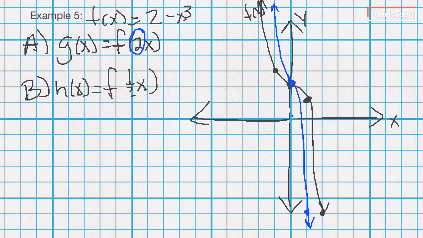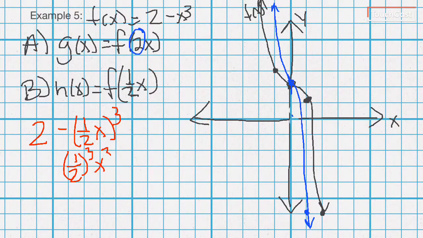We are going to take our original function and we're going to replace the x's with 1/2 x. So we're going to have 2 minus 1/2 x cubed. And just like the last one, we can go 1/2 cubed and x cubed.